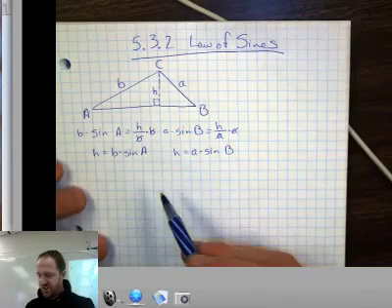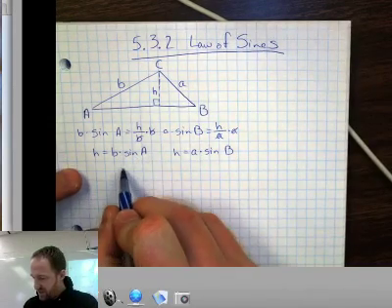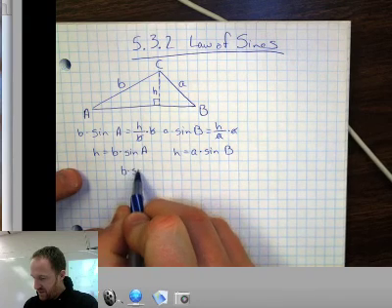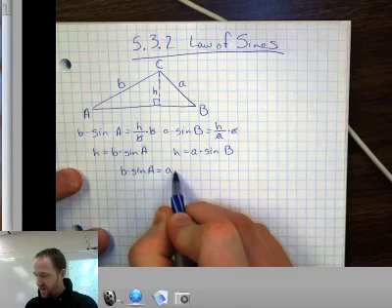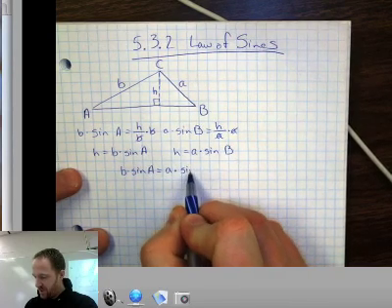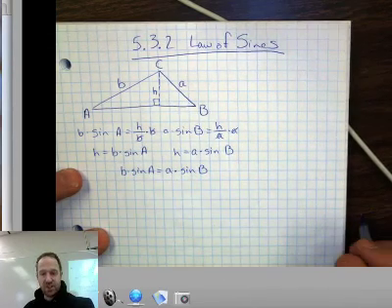They both should give us the same answer. So that means that B times the sine of A should be A, little a, times the sine of B. They should give you the same thing.